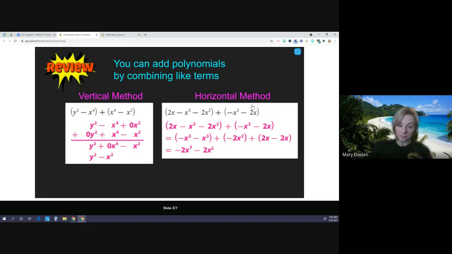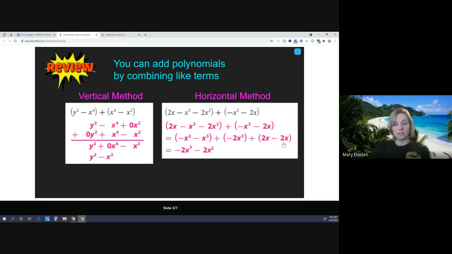Horizontal method, instead of writing them stacked, what you do is you rearrange this long addition so that like terms are together in parentheses. So you can put the x cubed terms together, and then there's only one x squared term, so it's by itself in parentheses.